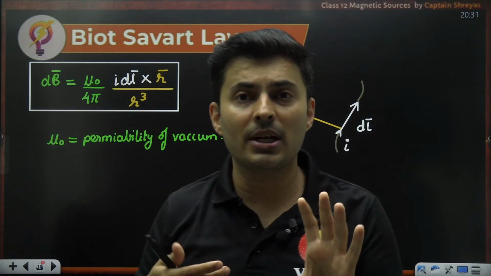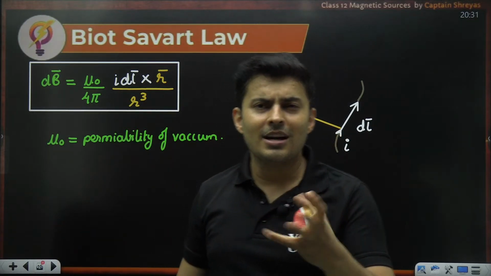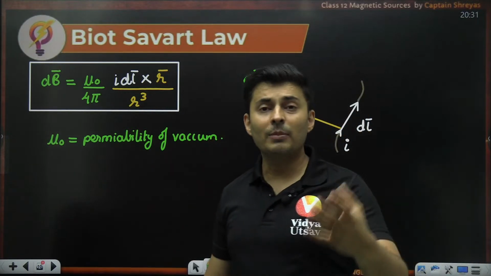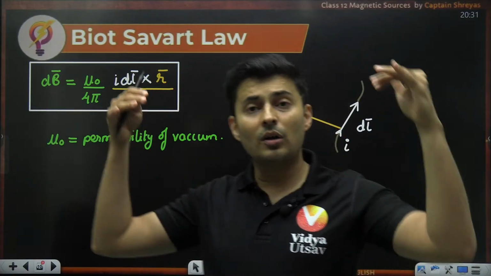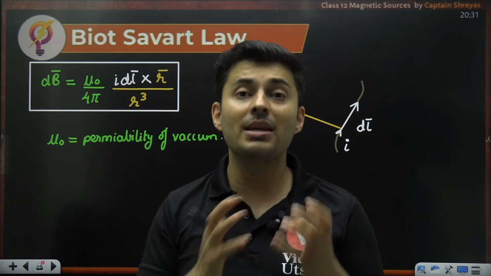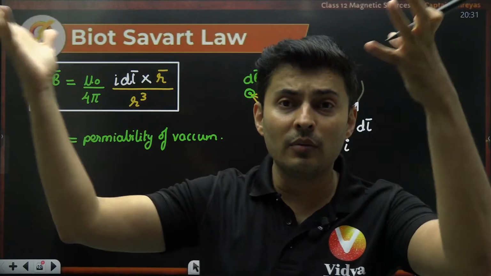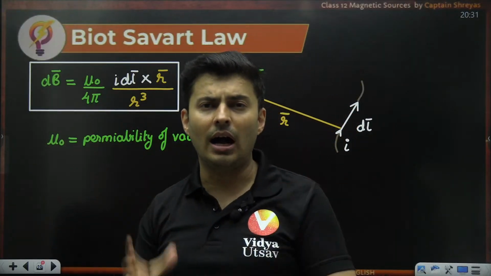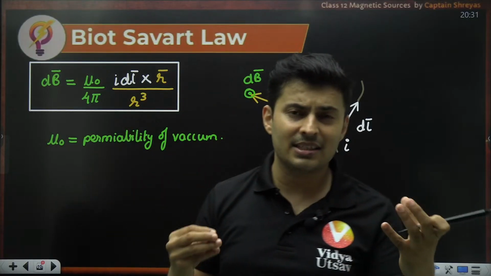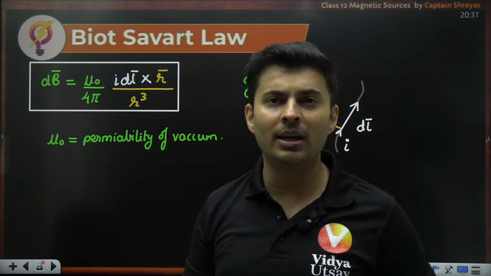Permeable is a property of entering into something. Like the rocks are permeable. That means if rain falls, the rocks will allow the water to seep in. If they are non-permeable, the water will not enter the rocks. If there are a lot of cracks, a lot of porous nature, the rocks are permeable in nature.